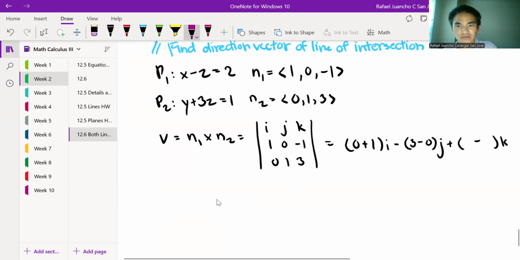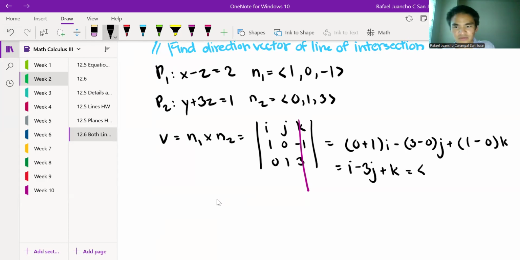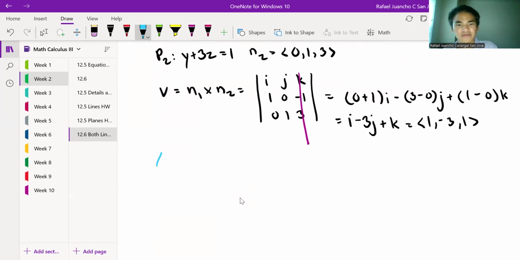Okay, I did j earlier. I'm going to do k. This is 1 and 0. And so here we have a vector, or not yet. Let's just fully write it out just to be sure. You have a vector 1, -3, 1, right? And so that's the direction vector.